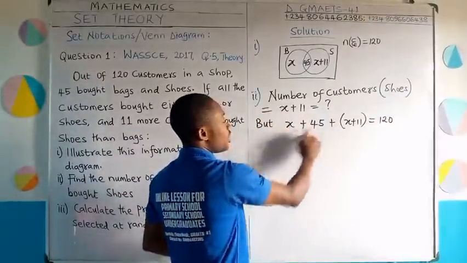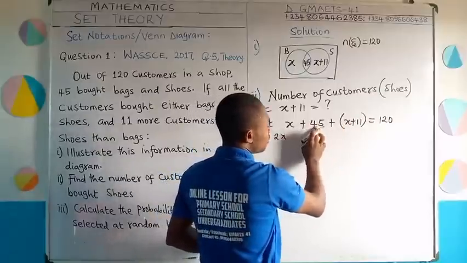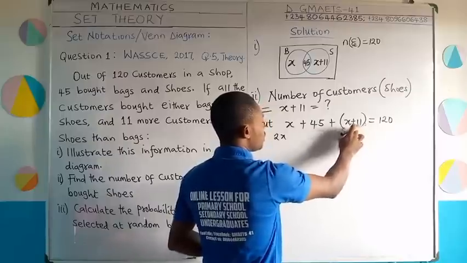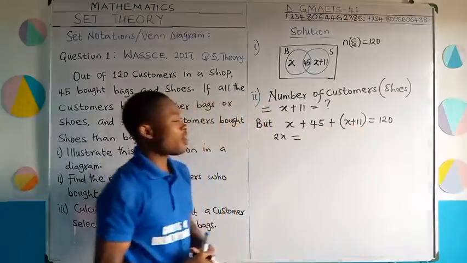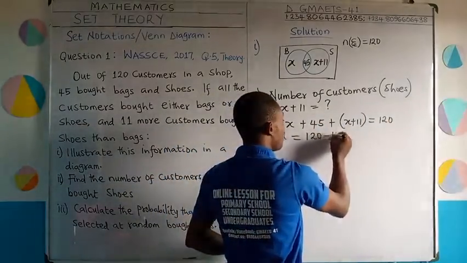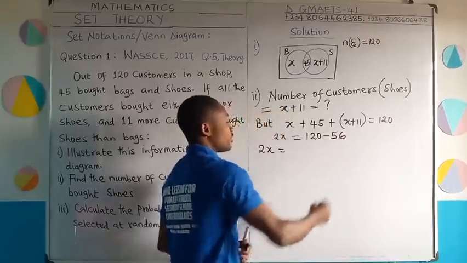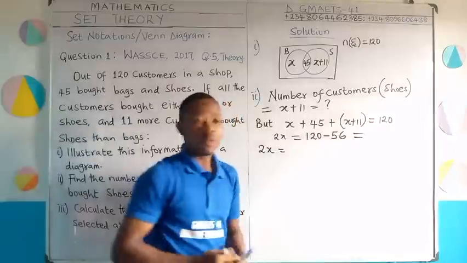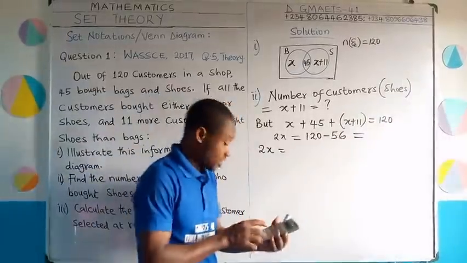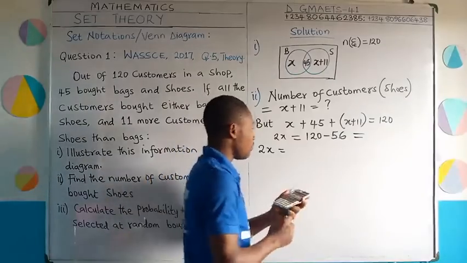So that leaves me with, if you solve for X here, X plus X will give us 2X, because 45 plus 11 is going to give us about 56. That 56 will cross over, you have 120 minus 56. And so 2X is equal to 120 minus 56. Let's find out. 120 minus 56 is equal to 64.